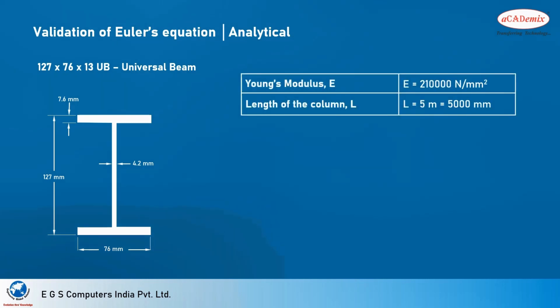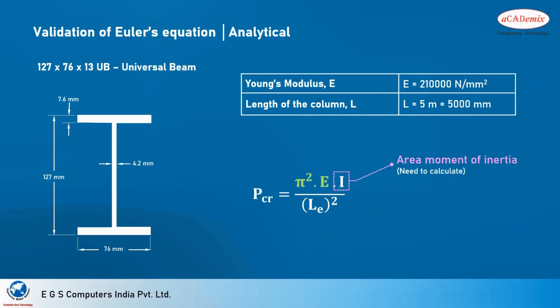Young's modulus value is 210 GPa and the length of the column is 5 meters or 5000 mm. We know the buckling equation and already know the E value. We need to find the area moment of inertia and select a suitable end condition.